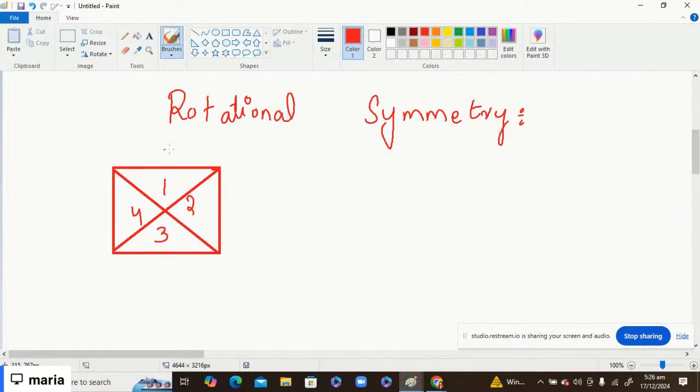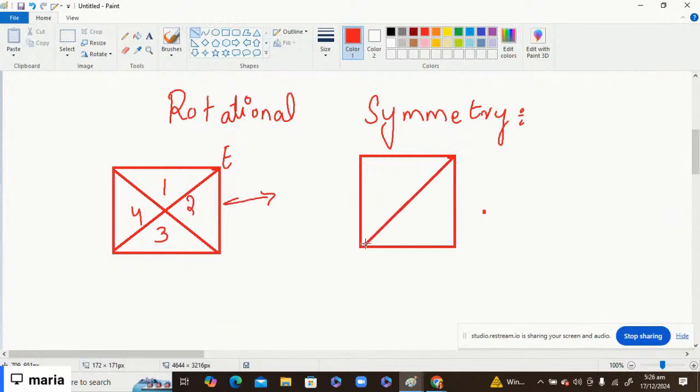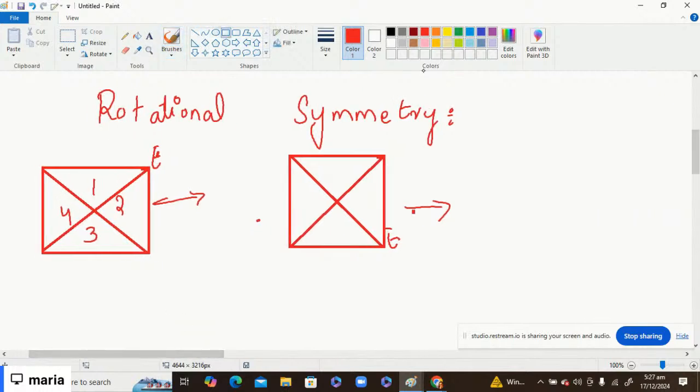For example, this is your E. After the rotation the picture is the same, because all the parts are the same. But now this E is moving from this point to this point, and then to another point.